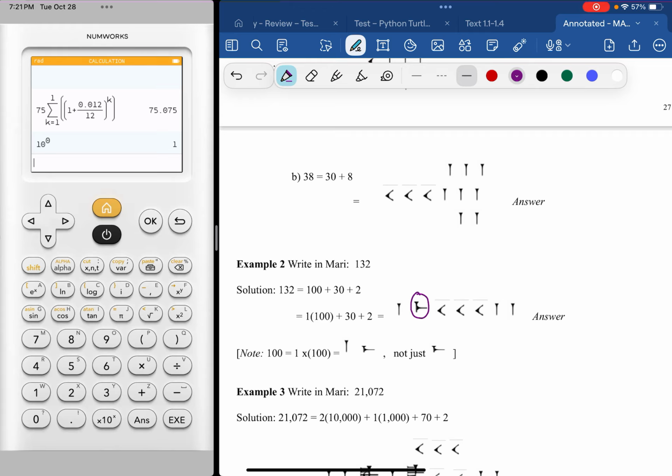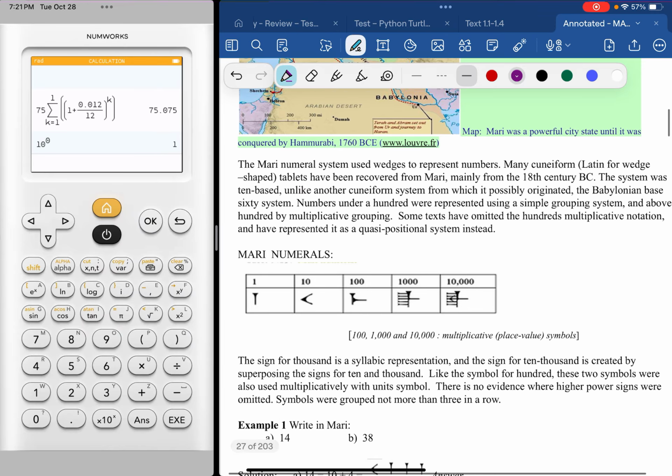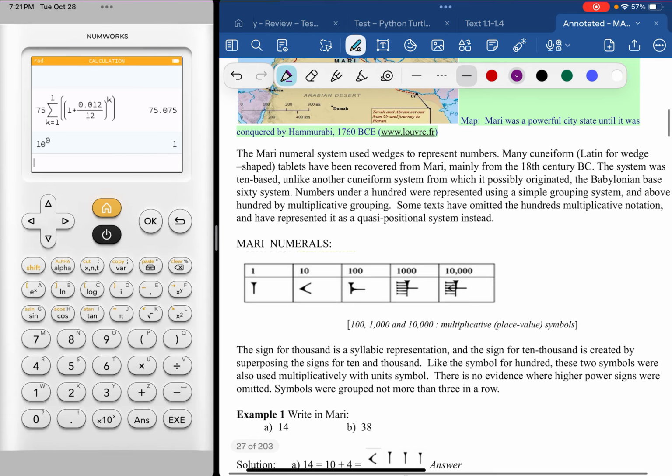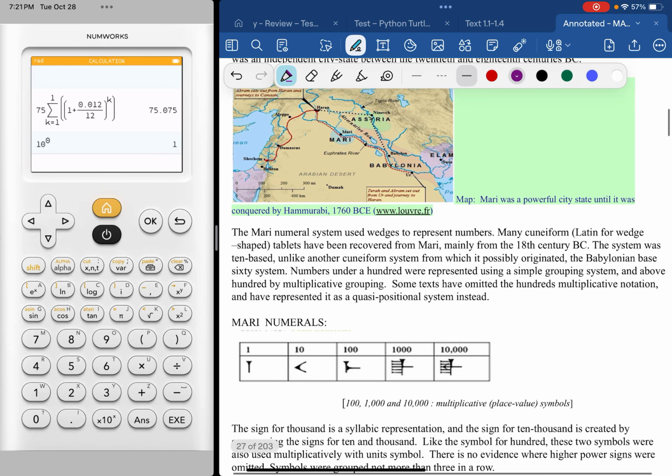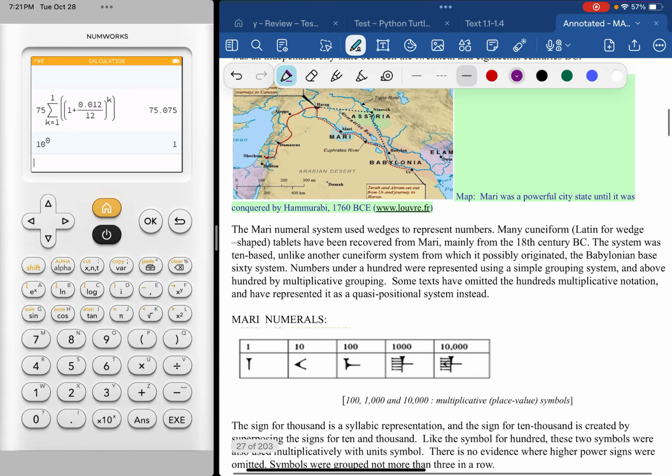So it wouldn't just be this symbol that associates the placeholder, right? I'll just kind of highlight it out for you here.